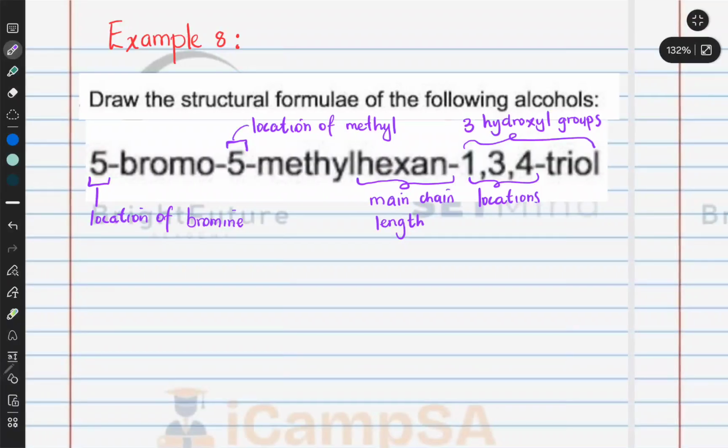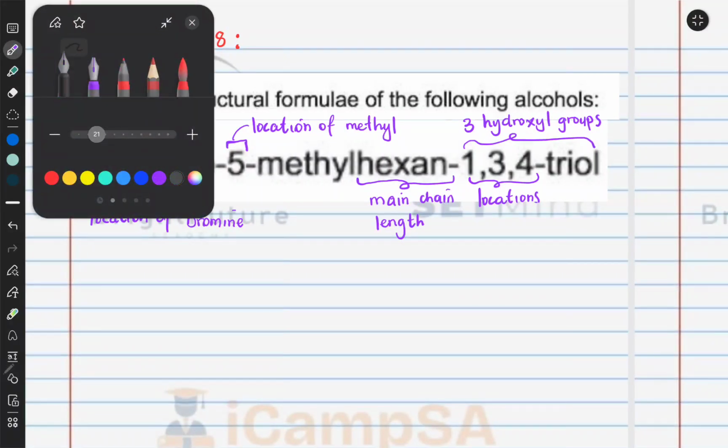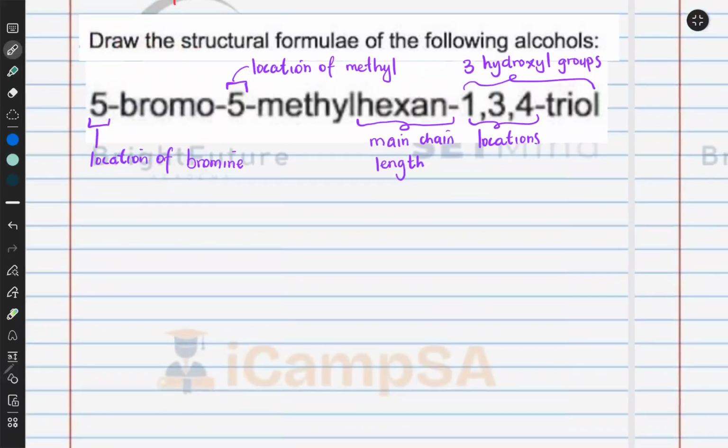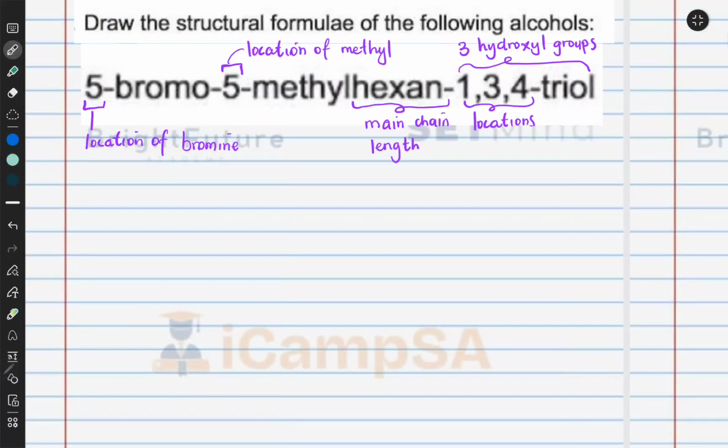Alright, so now we have all that information. Let us draw our structural formula. Remember, start with the main chain. We are told that it's hexane, so that means it has 6 carbon atoms. So let's draw them. 1, 2, 3, 4, 5, and 6.